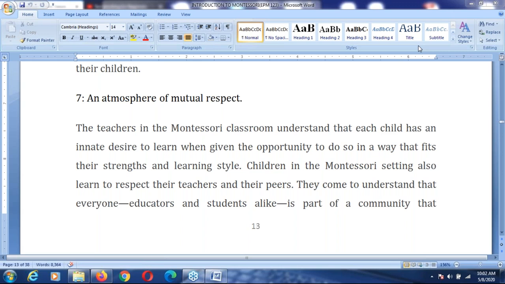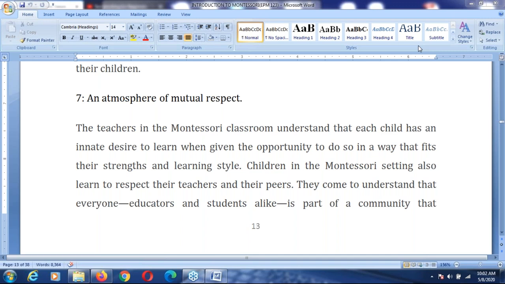So whether the teacher is there or not, there is freedom, quietness, peace, and harmony in the class, because it is a mixed class of unequal ages.